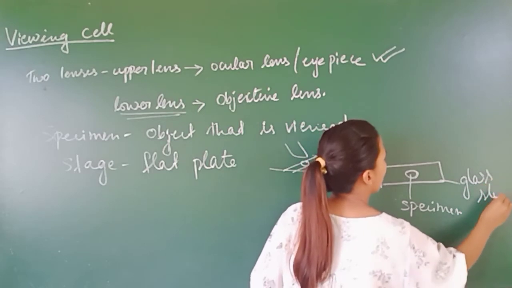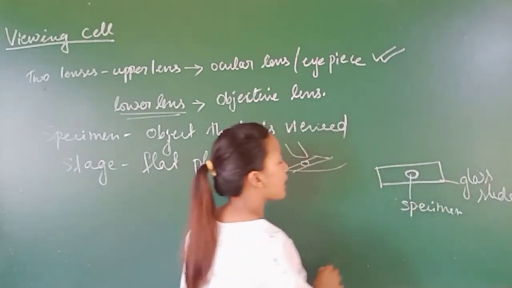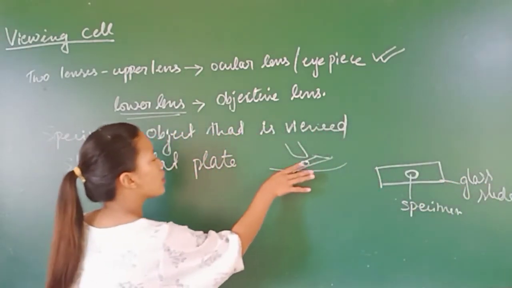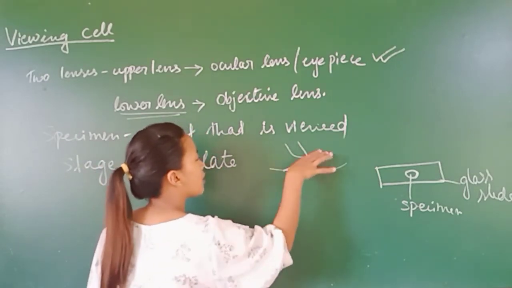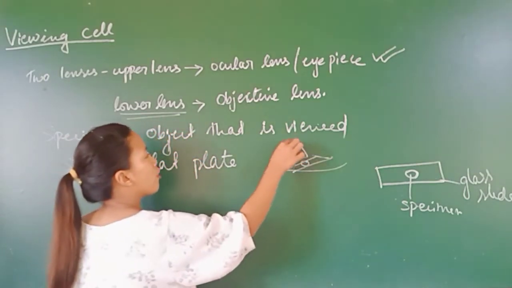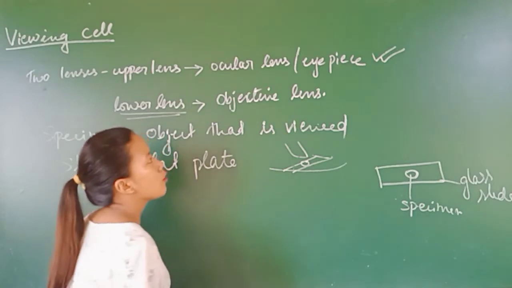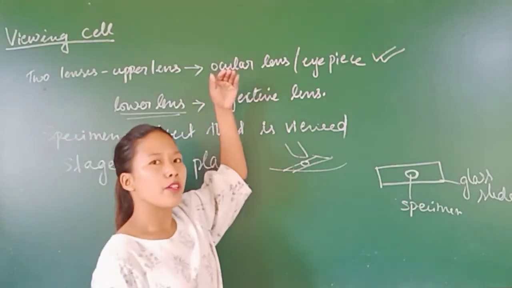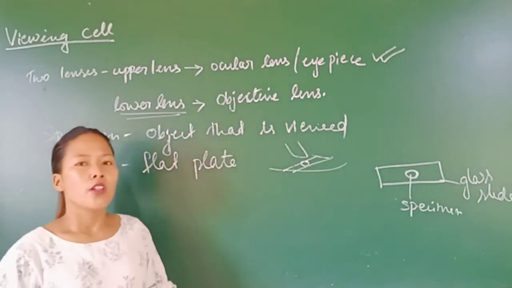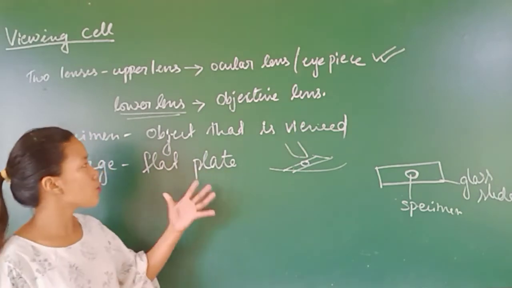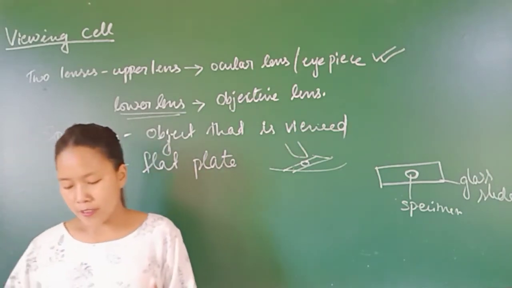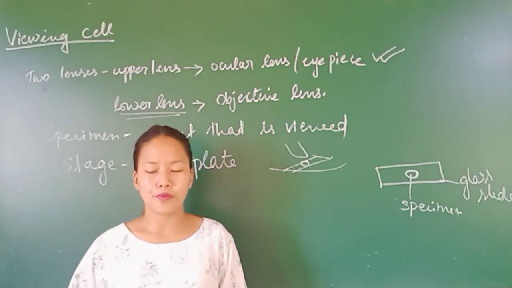On this slide we keep our specimen, and then we keep it on the flat structure called the stage, and from the objective lens we view, and the eyepiece is somewhere up there through which we have to peek. So this is the structure of the compound microscope.